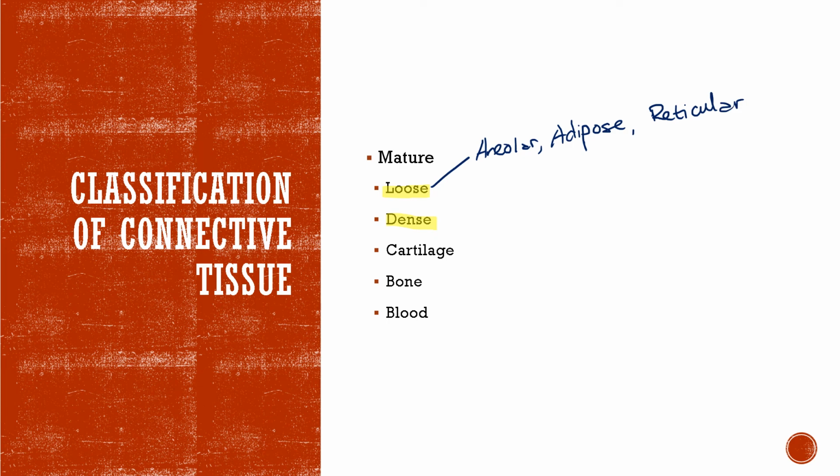Now, dense connective tissue have considerably fewer cells than loose connective tissue, and we're going to find dense connective tissue in places like tendons and ligaments. Cartilage consists of a dense network of collagen fibers that are firmly embedded in chondroitin sulfate.